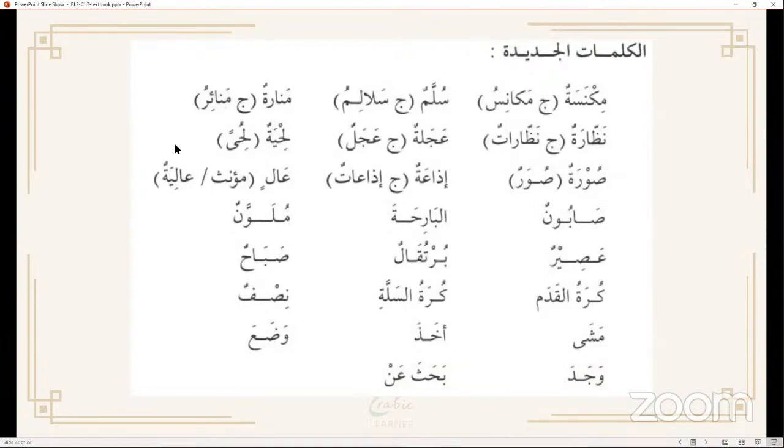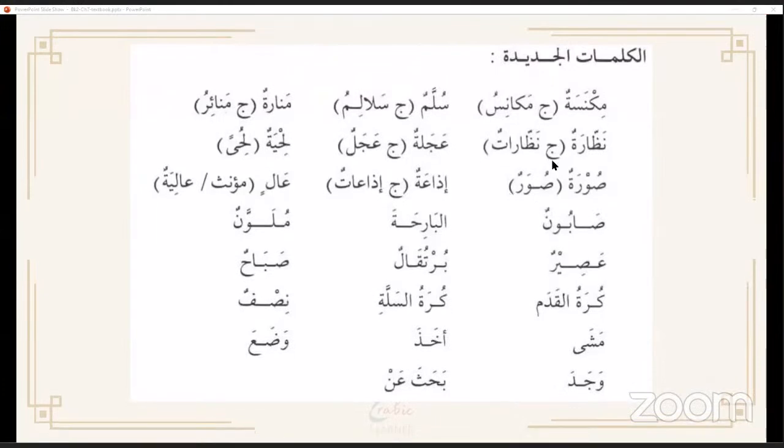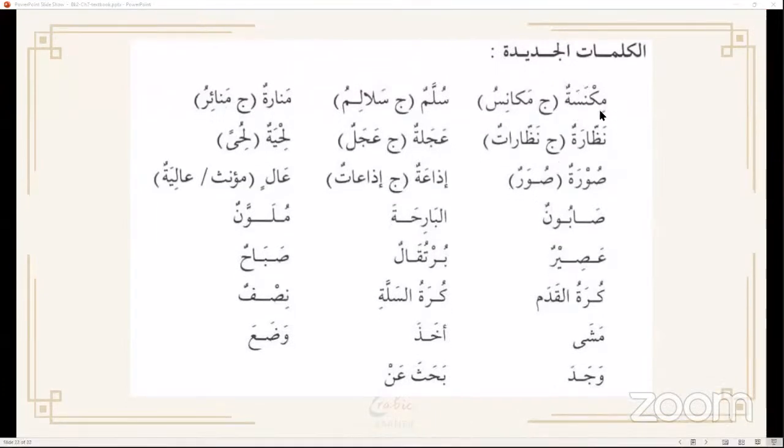Okay, what are the new words you have learned here? I've just finished it very fast and then we stop. Miknasatun. What is the meaning of miknasatun? Fast. Room. Good. Makanisu is jama. Sullamun. What is the meaning of sullamun?